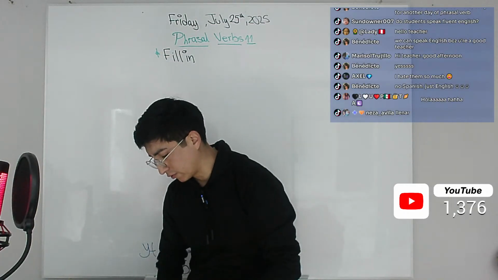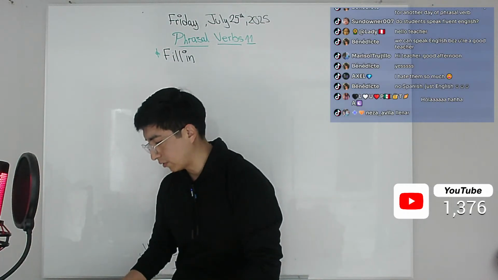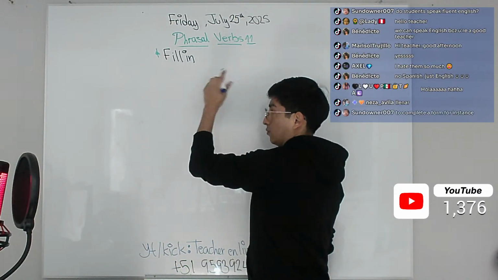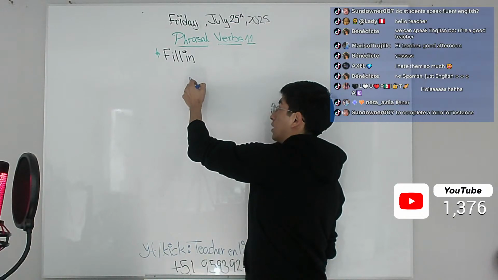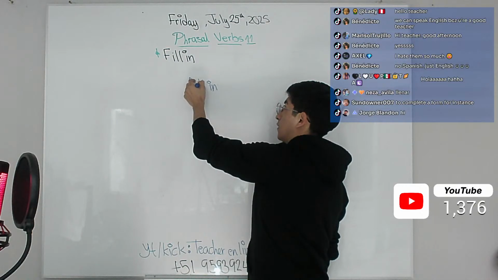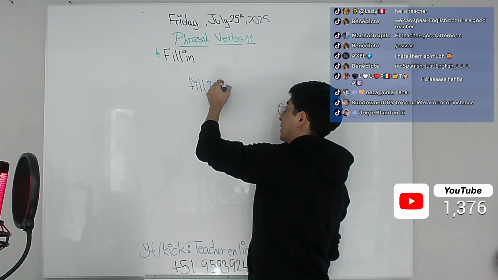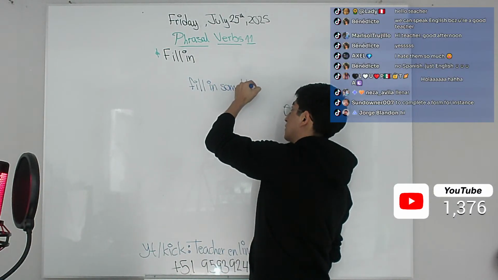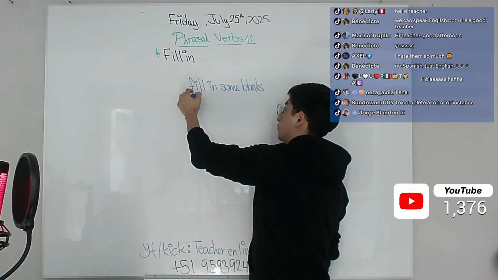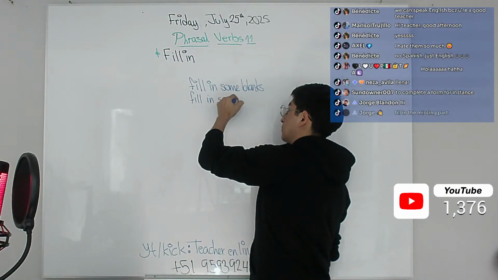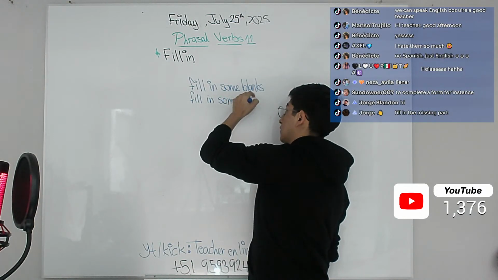Okay, so let's start writing here some examples to help you understand this phrasal verb. Number one, as I told you, we can say fill in some blanks or fill in some gaps.